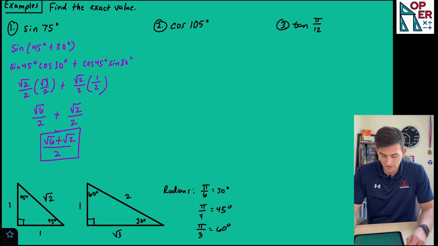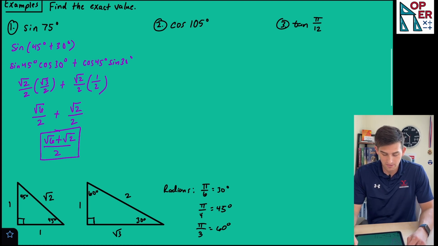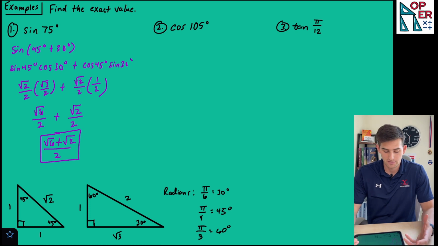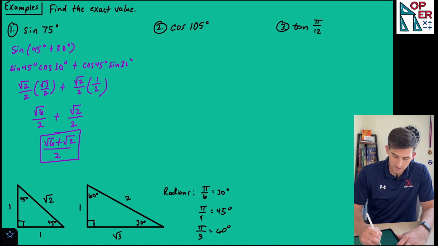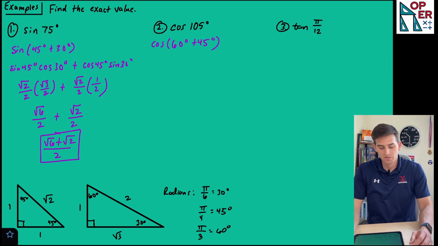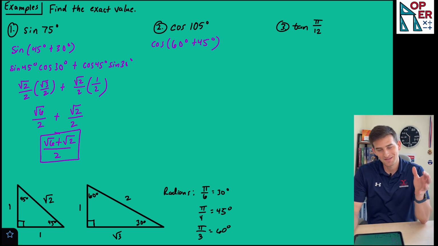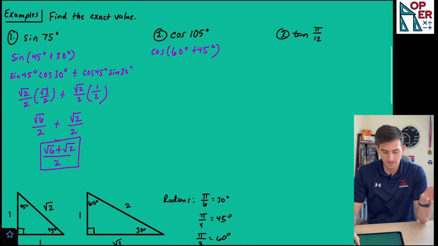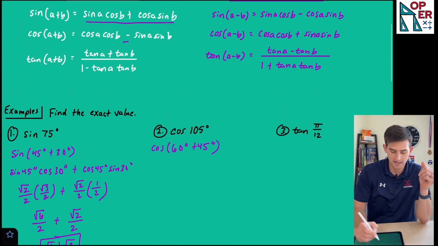All right, so now for cosine of 105, let's think about two of those special angles that would come up with 105. So how about we do 60 plus 45, right? So let's say we did cosine of 60 degrees plus 45 degrees, okay? So we're still using a sum formula, I know that, but remember for cosine of our sum, we actually subtract there in the middle.